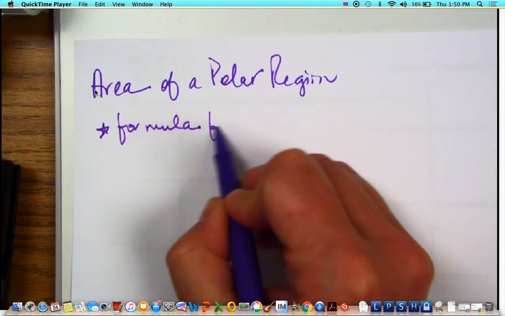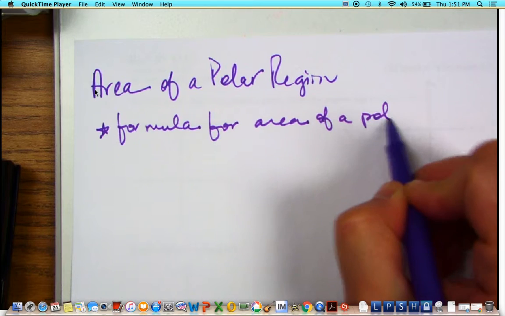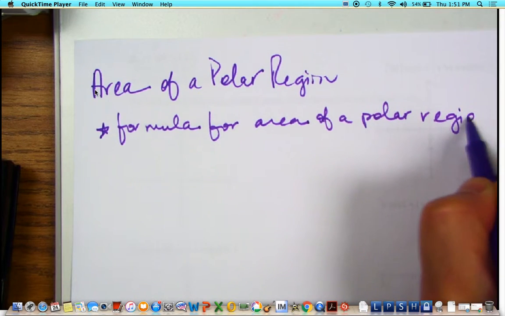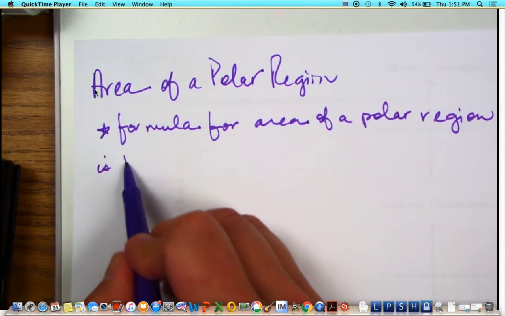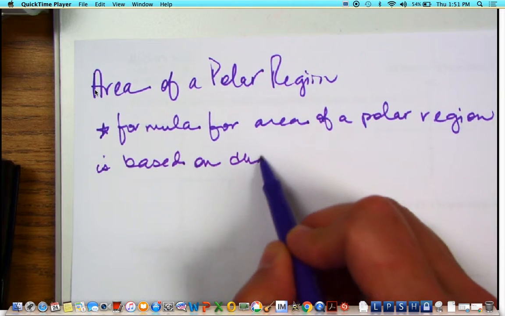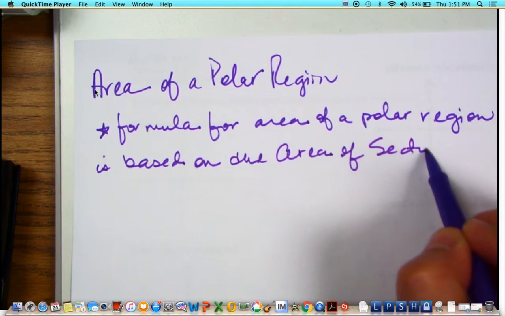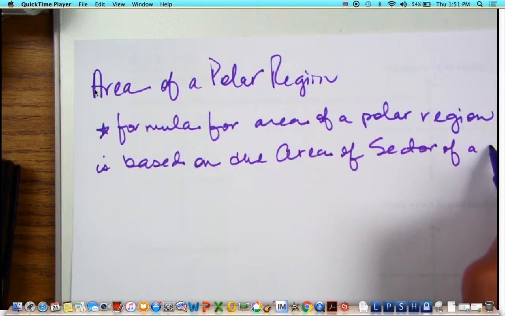Okay, the formula for the area of a polar region is based on the area of a sector of a circle.